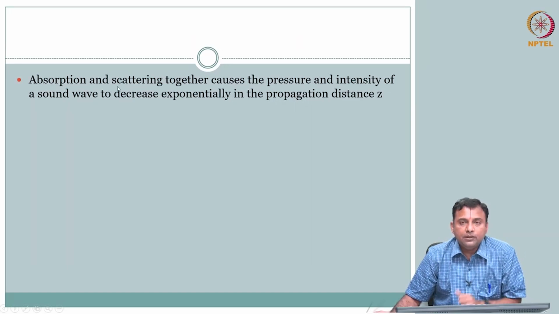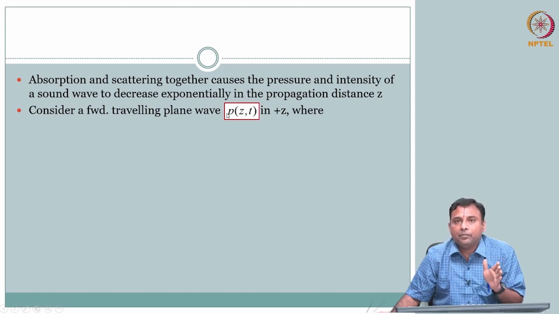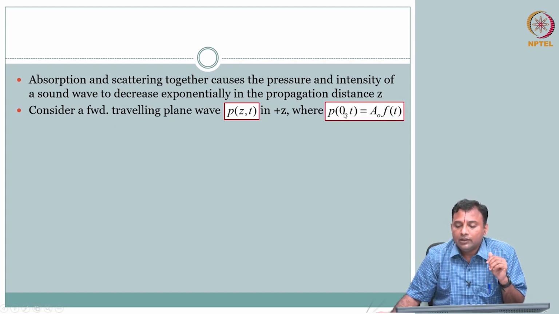So absorption and scattering together cause the pressure intensity to decrease. Again, we modeled this as exponential decay, very similar to what was done in our X-ray as well. Okay. So as you propagate with the distance, there is the exponential decay loss. So if you have a forward traveling wave, P of z comma t, which is what we want to consider, at z equal to 0, at source, you start with an amplitude A naught of a pressure function, a sinusoid, cosinusoid that we started.